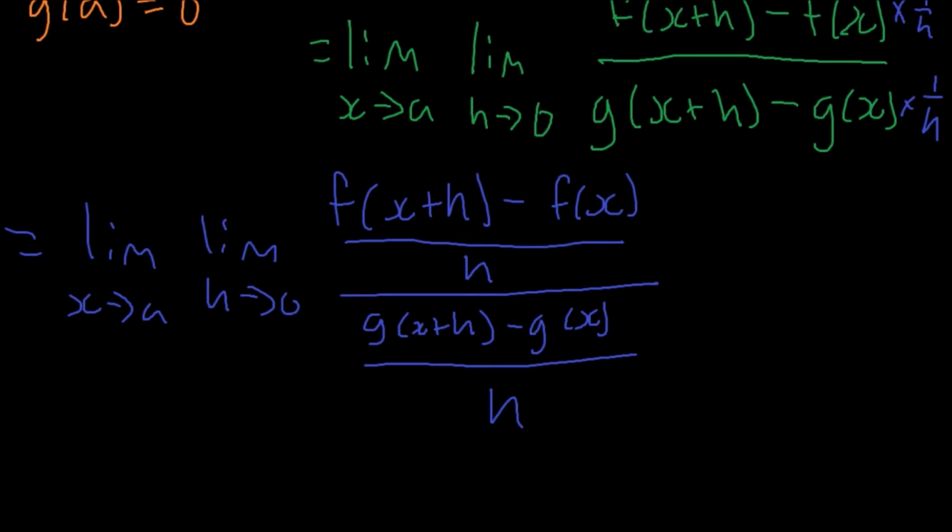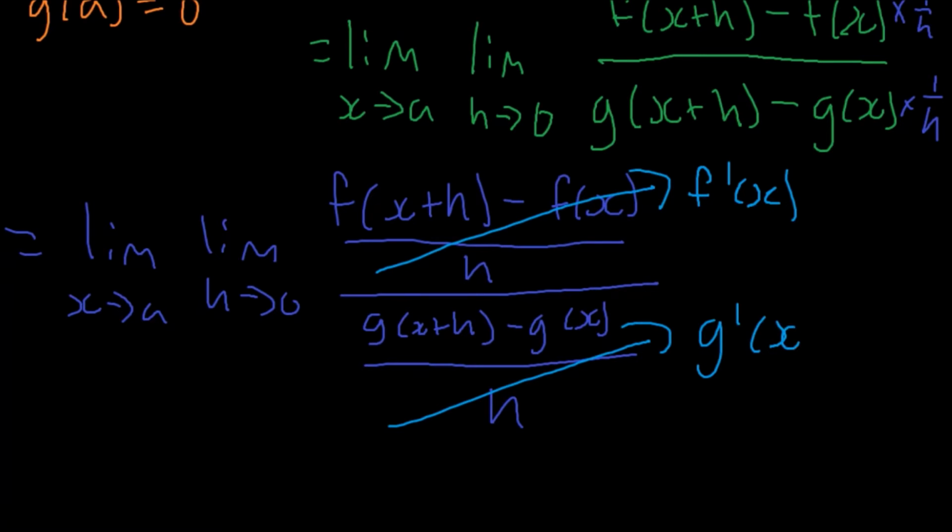So now, what we can see is that on top, this becomes f prime of x. On the bottom, this becomes g prime of x when we use that first limit here, limit as h approaches 0.